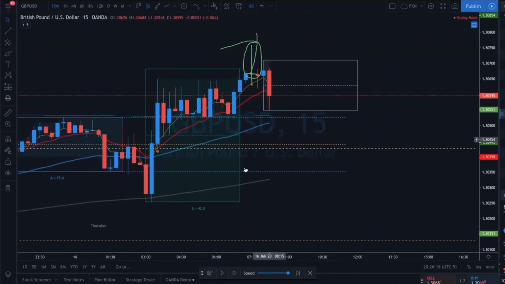So you're now in the box of the US session. Let's just say you keep going with this entry because you see the close below the 13 EMA. So you get in here.